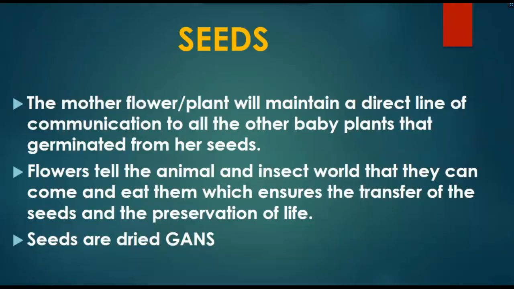And when you look at plants from a different perspective as well, plants produce these beautiful flowers, and it tells the animals and the insect worlds that they can come and eat them, to ensure that they get the transfer of these seeds moved off and the preservation of life.